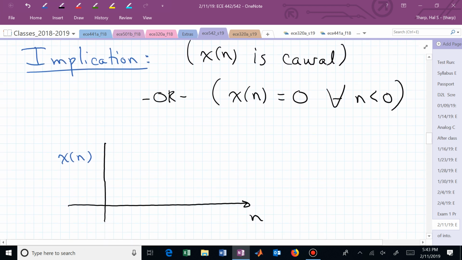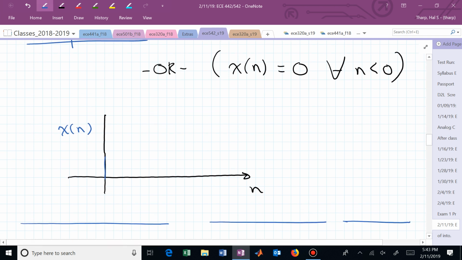Pictorially, if we now sketch this x of n, it could have something at 0, some value at 1, at 2, at 3, at 4, at 5, etc. But it can't have anything non-zero to the left of n equals 0.